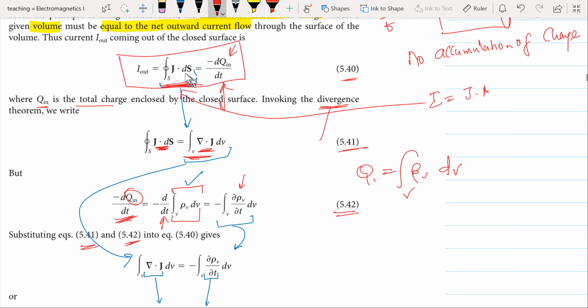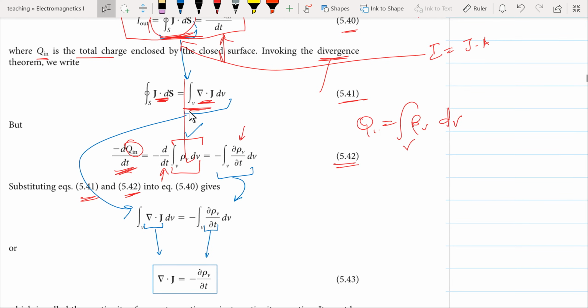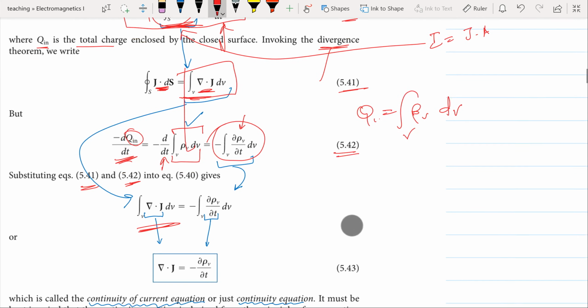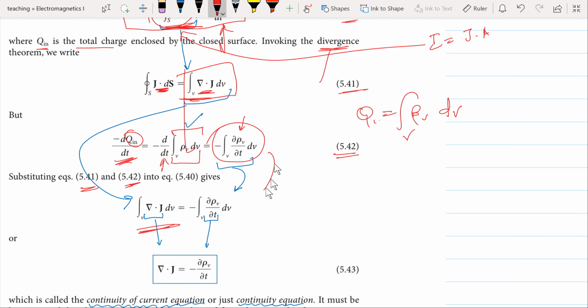We are replacing this term with that term, and therefore on our left we have divergence of J integrated over volume dV, and on the right we take this term and bring it to the right of this equation, and therefore we end up with what we have already found here.